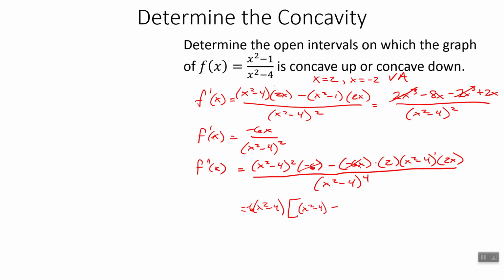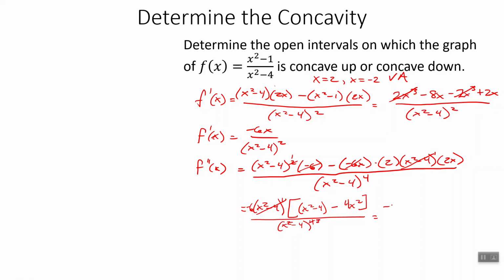We've got a 2, an x, a 2, an x, so that's 4x squared. And we factored out this x squared minus 4, just like we factored out that one. So nothing left there. And on the bottom, we've got x squared minus 4 to the 4th. So this one to the first right here is going to cancel with one of these down here and leave us with 3 down there.